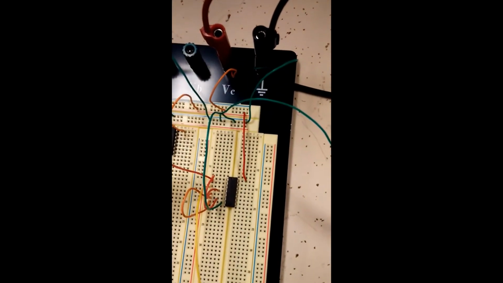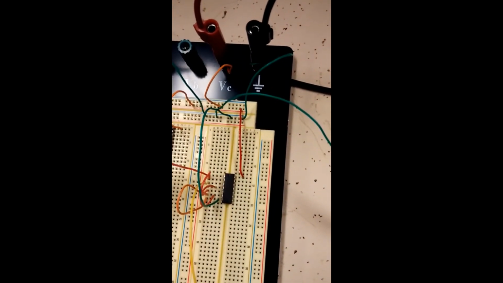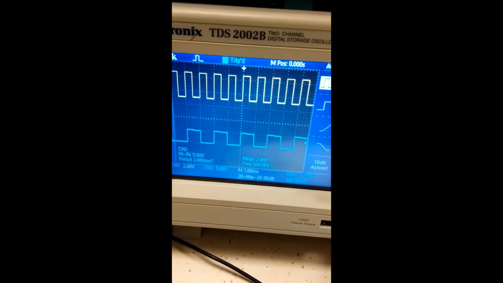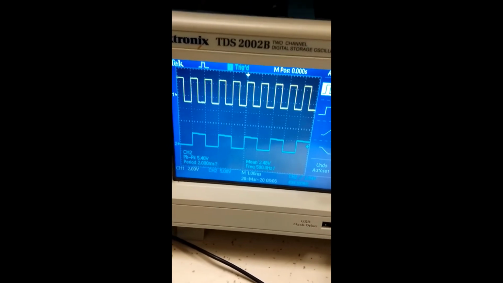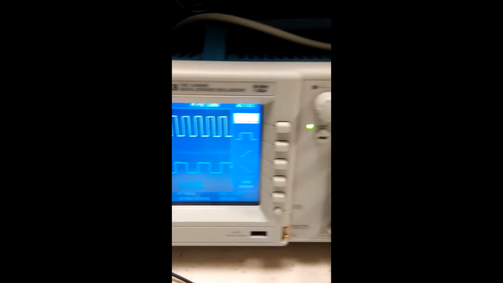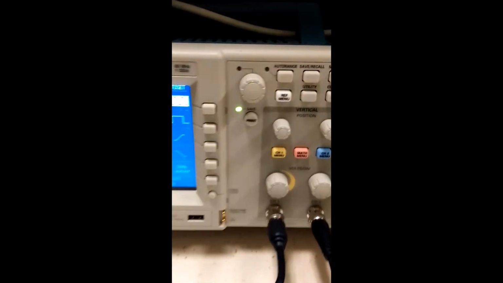Hopefully you get this idea. It's basically done for part B. I may not explain channel 1. Channel 1 is from the generator.